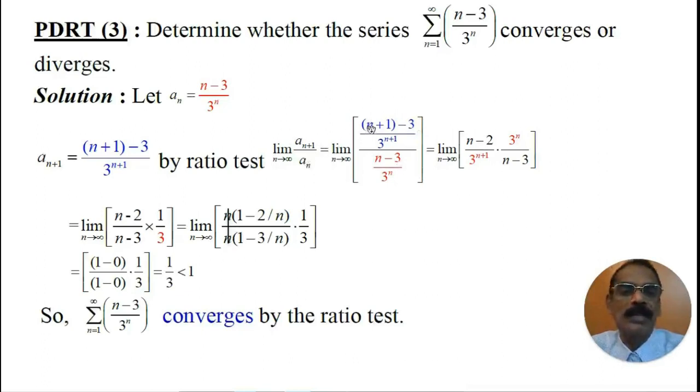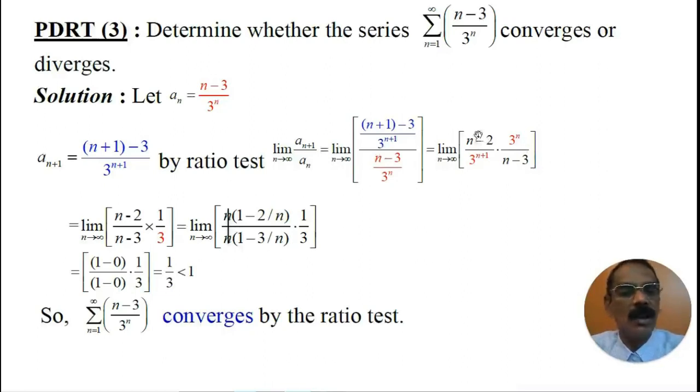Therefore, a(n+1) is (n+1-3) divided by 3 to the power n+1. a(n) is (n-3) by 3 to the power n. That is, n+1-3 is n-2 divided by 3 to the power n+1, and we have to write its reciprocal. Therefore, it is 3 to the power n by (n-3).